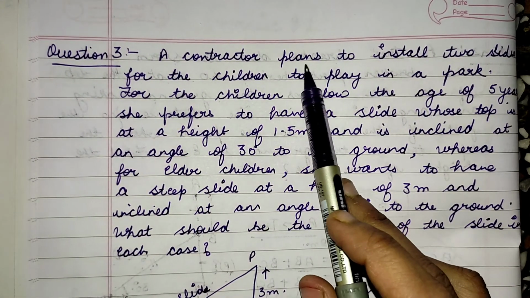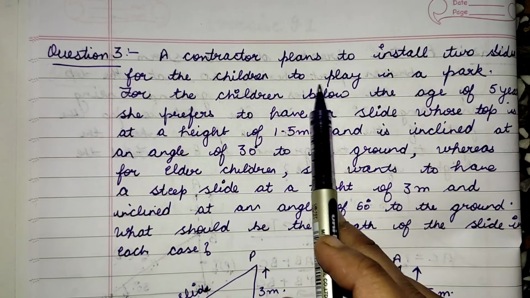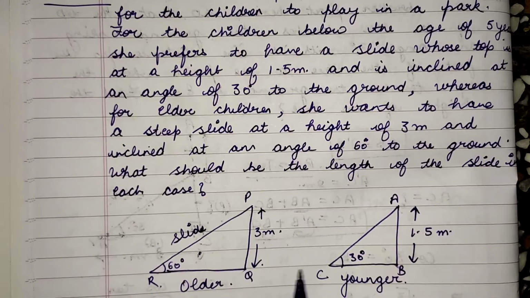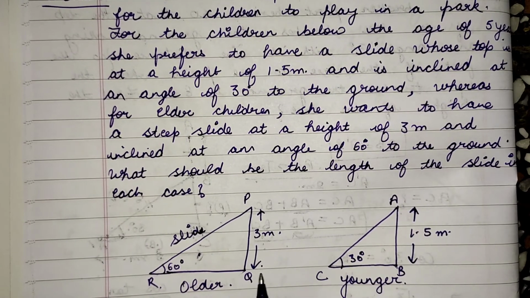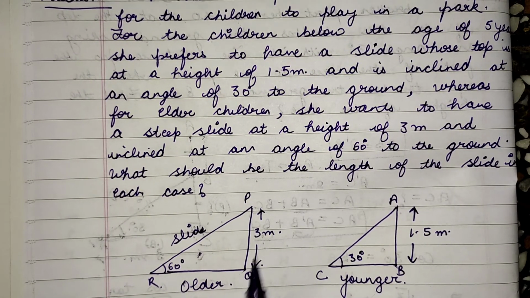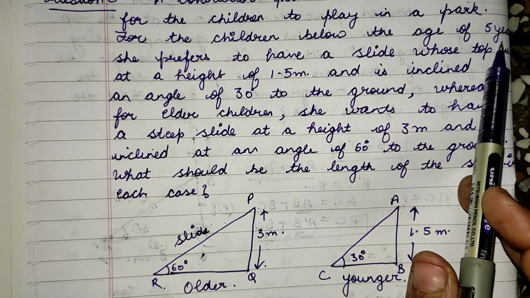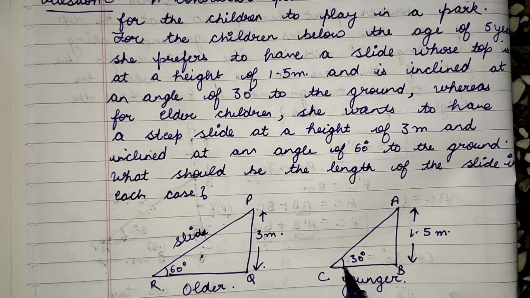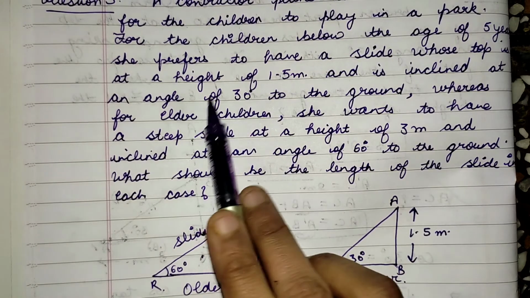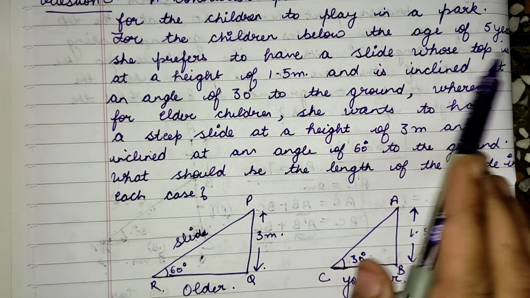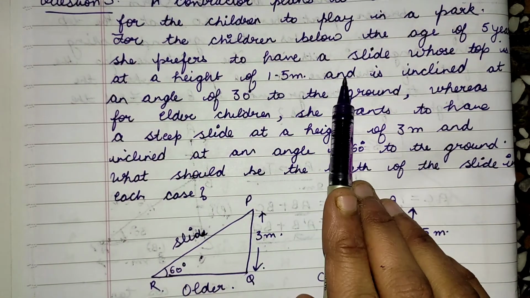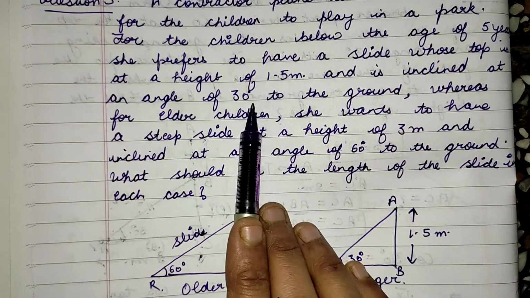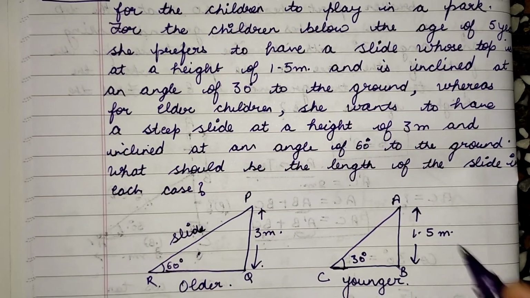So a contractor plans to install 2 slides for the children to play in the park. There is a contractor and he wants to install 2 slides for the children in the park. For the children below the age of 5 years, he prefers to have a slide whose top is at the height of 1.5 meter and is inclined at an angle of 30 degree to the ground.